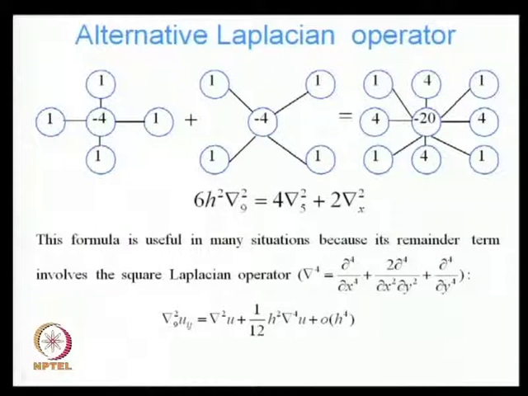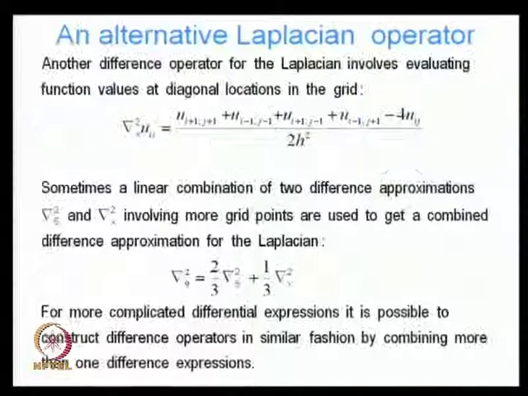So, here I have said 6 times h square times this is equal to 4 times this plus 2 times that. I should probably have mentioned that there is a 2 here.